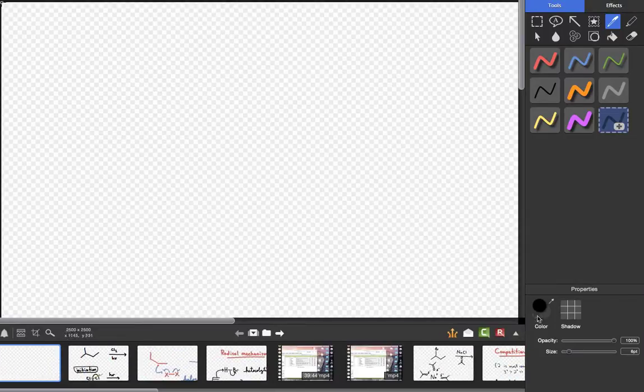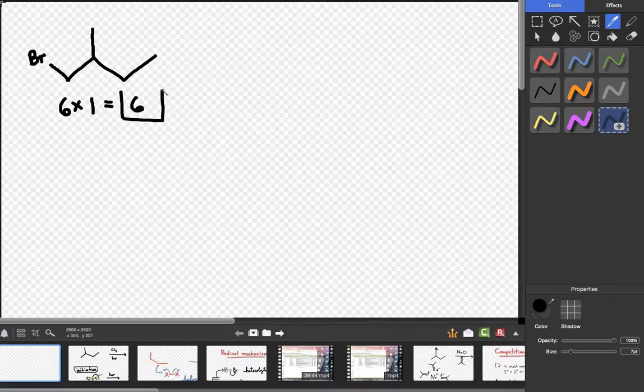So, let's see. Again, there are 6 positions for this, but each one has a relative stability of 1. So this allows me to take into consideration radical stability and statistical availability of hydrogens to abstract. Both of those are important. And really, they're both equally weighted.